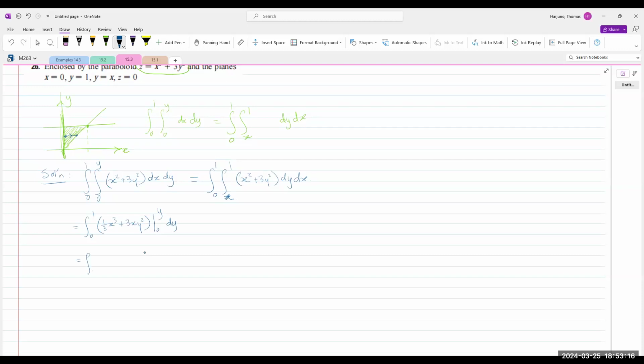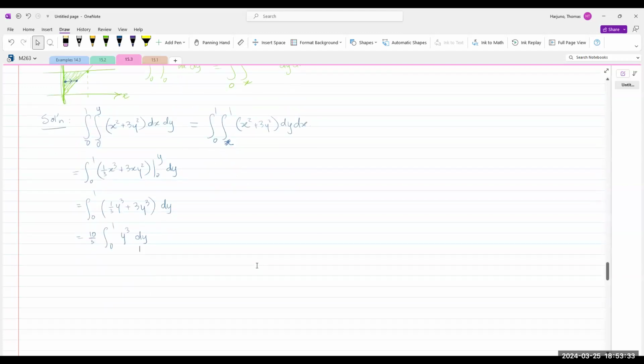You end up with the integral from 0 to 1 of 1/3 y cubed plus 3y cubed dy. That's 10/3 times the integral from 0 to 1 of y cubed dy. And that becomes 10/3 times 1/4 y to the 4th from 0 to 1. But that's basically 5/6.